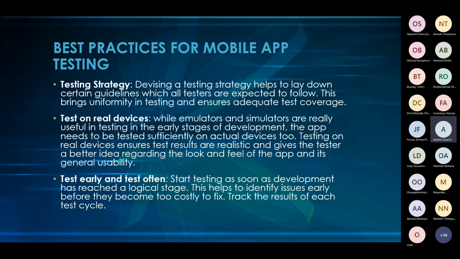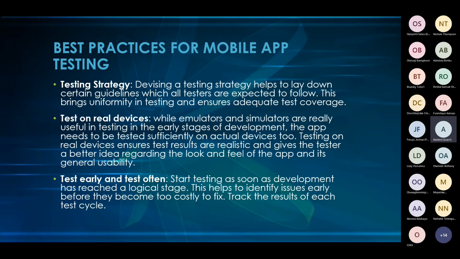The approach, the objective, your test environment, your tools, you have to lay down everything. And we all know that a test strategy is a high-level plan that entails everything you want to do in your testing, including your test environment, your tools, the approach you want to use, and the objective. So it's very good so that you can have adequate test coverage.